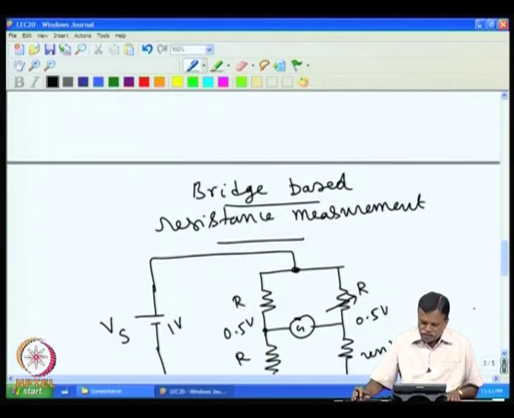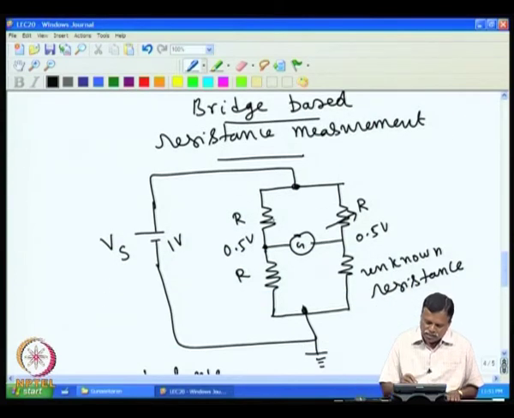First of all, if the temperature changes, then the resistance drift is very small, and then they put both as manganin wire. Even whatever drift is there, this and this will equally drift all the time. So, at whatever temperature I am making the measurement, you will find this is always at 0.5 volt as long as this is 1 volt.